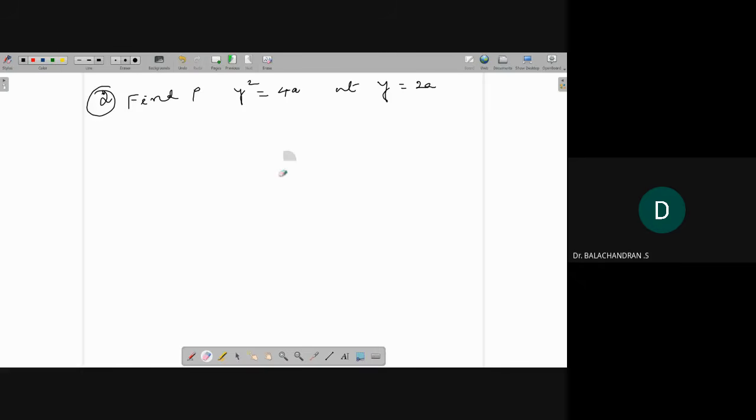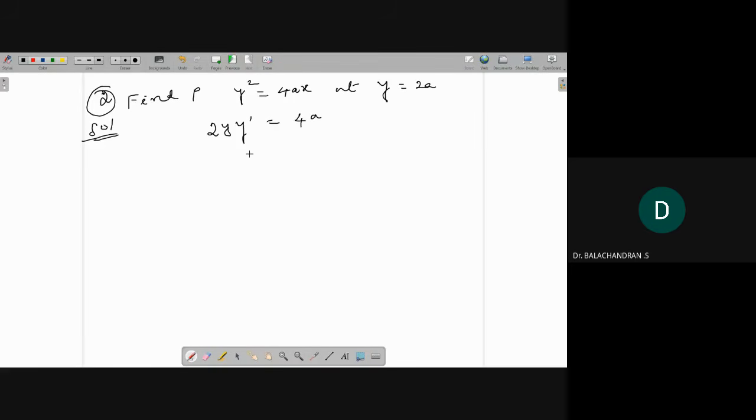So if you know the method, you can try. Solution. Okay, so here y in terms of x is given, so directly I'm going to differentiate. If you differentiate this, you'll get 2y into dy by dx, that is y dash, equal to, differentiating the right side with respect to x, 4a.